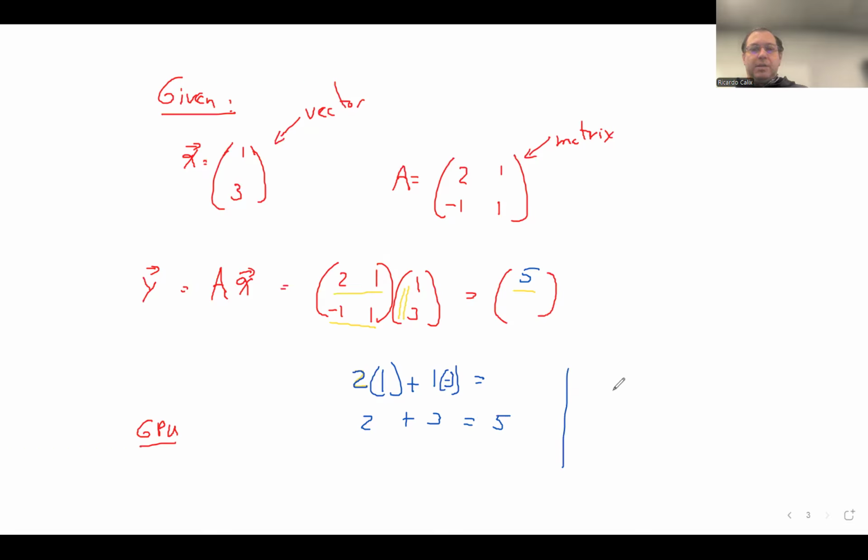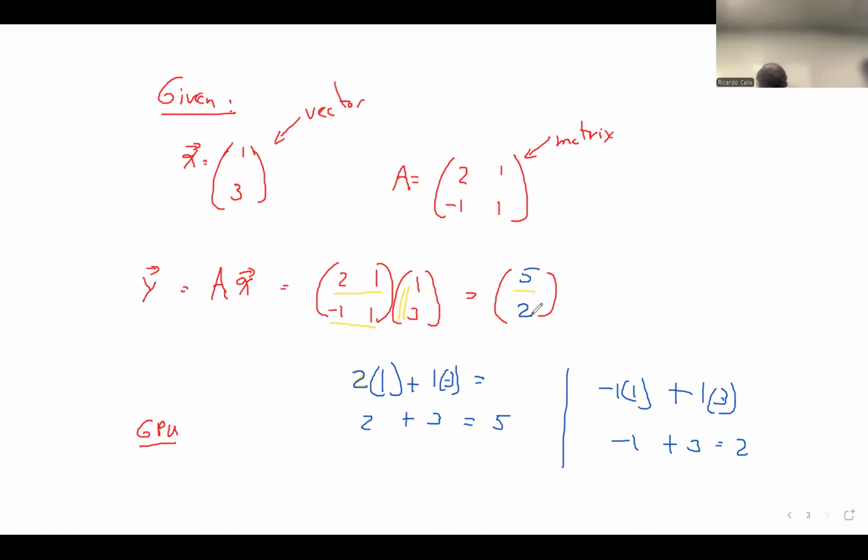Minus 1, 1, 1, 3. And I add them. Okay? So that should give me minus 1 plus 3, which is 2. So the value here is 2.